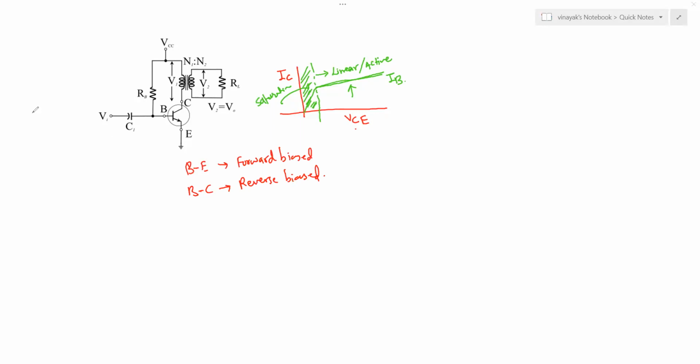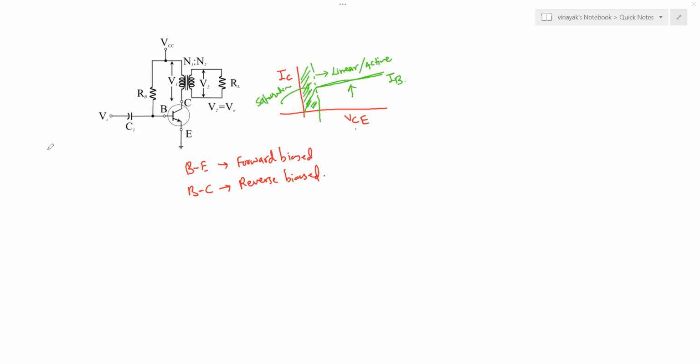Here we see that there is a diode between base and emitter, and there is a diode between base and collector, because there is basically a PN junction here and a PN junction here. So we make sure that the voltage drop across the base emitter, which is VBE, and the voltage drop across base to collector, which is VBC, are such that VBE is positive and VBC is negative.